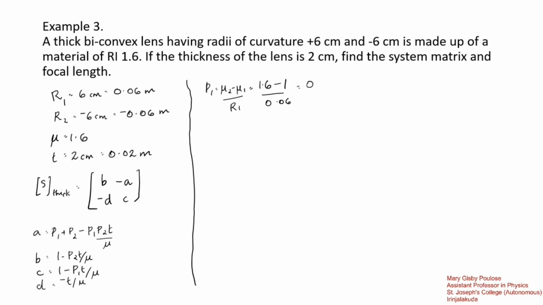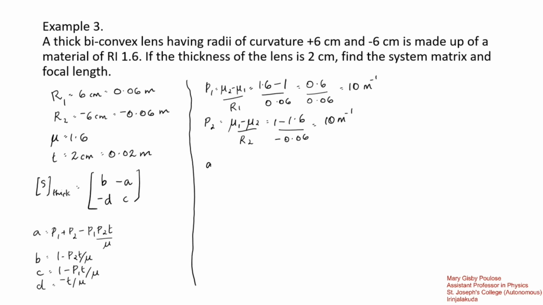That gives 0.6 divided by 0.06, that is 10 meter inverse or 10 diopter, the unit of power of a lens. Likewise, P2 is equal to mu1 minus mu2 by R2, that is 1 minus 1.6 divided by minus 0.06. That again gives 10 meter inverse or 10 diopter.